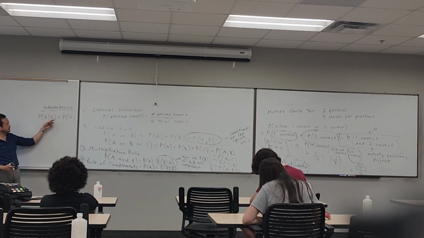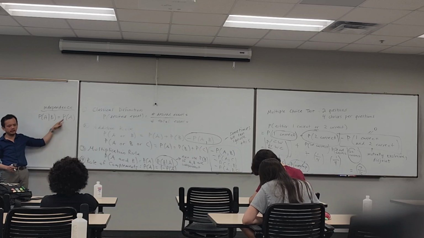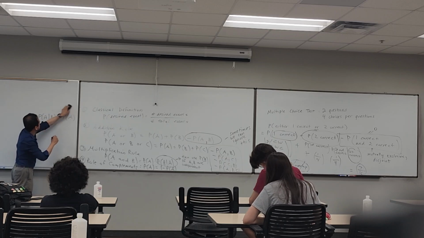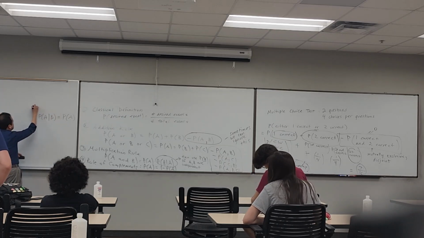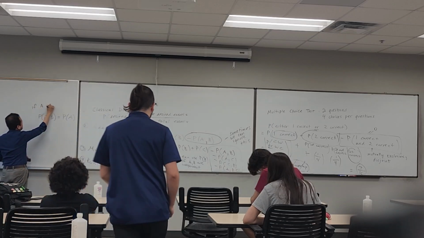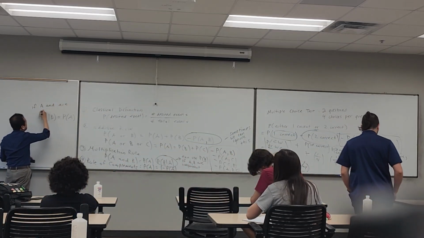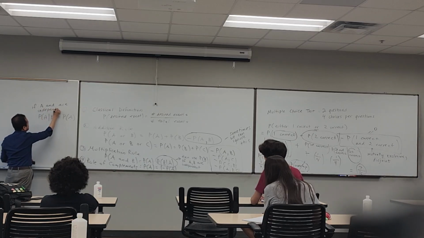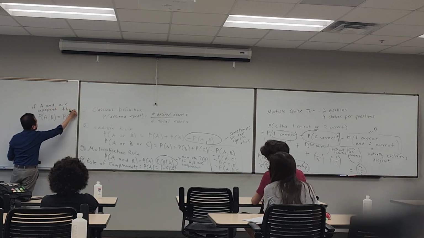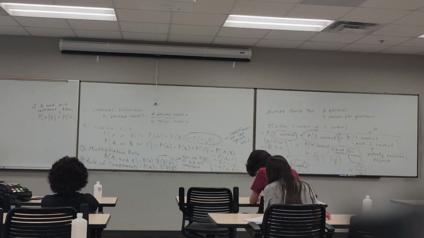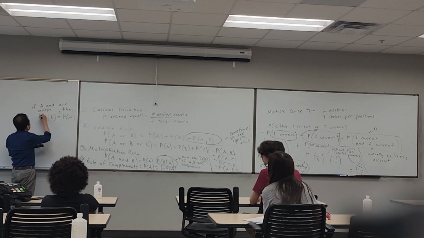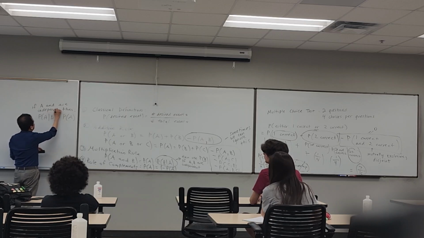So if we can ignore the condition and it equals just the probability of A, then these two events A and B are independent. So if A and B are independent, then this has to be true.